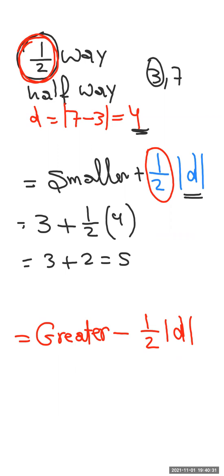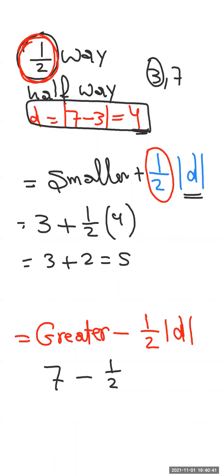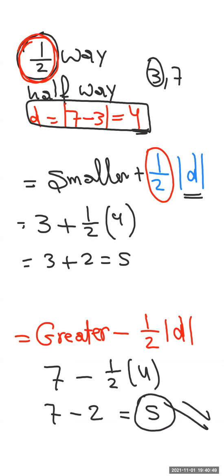If we want to get it from the side of the greater, then write down the greater: 7 minus 1/2 times the absolute value of the distance, which is 4. So it will be 7 minus 2, so 5. Actually, guys, the two rules gave us the same number.